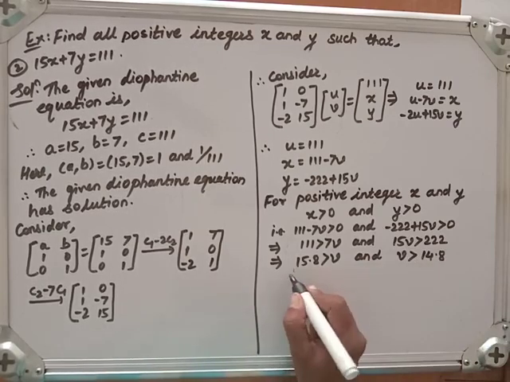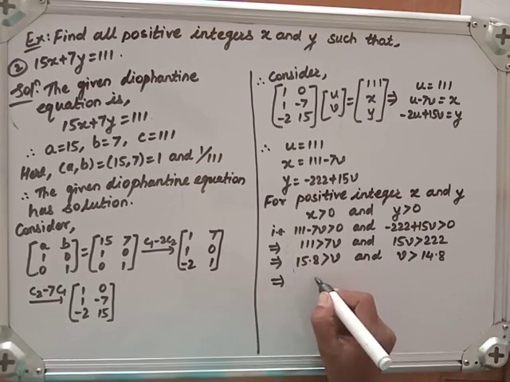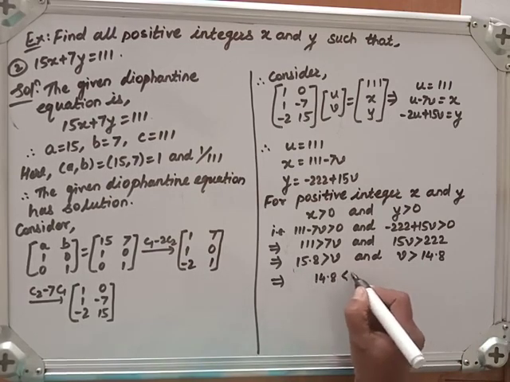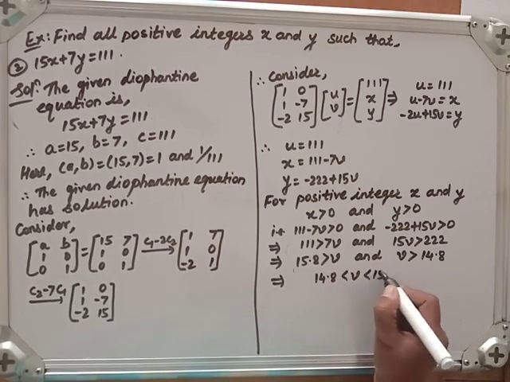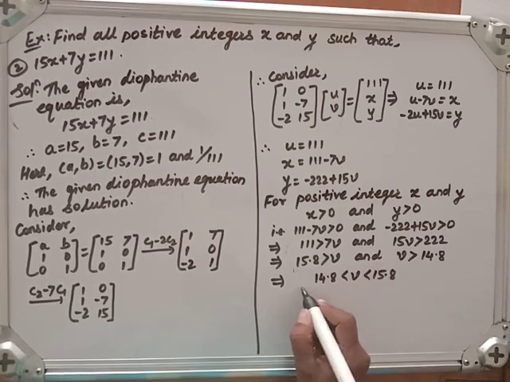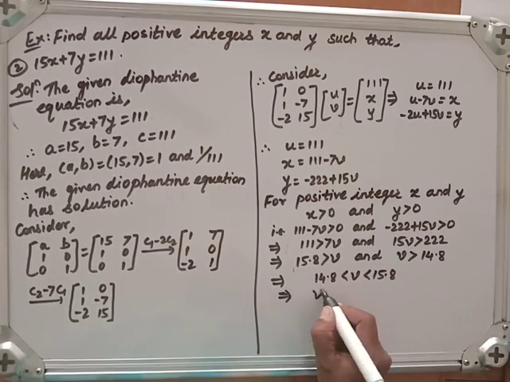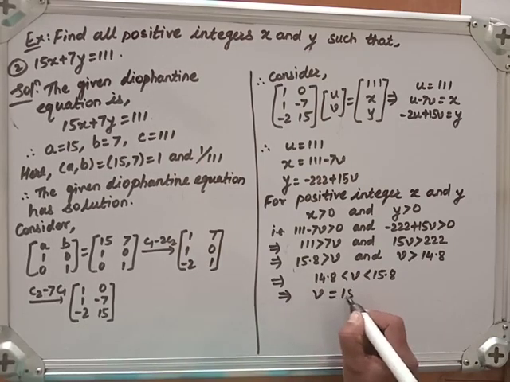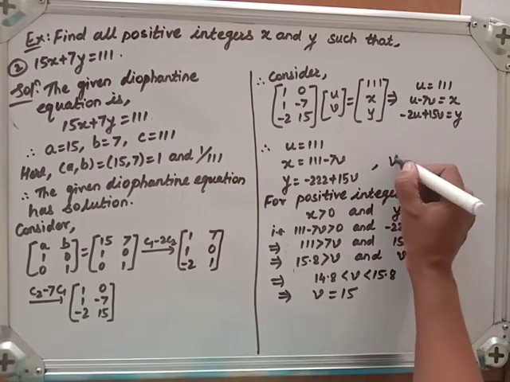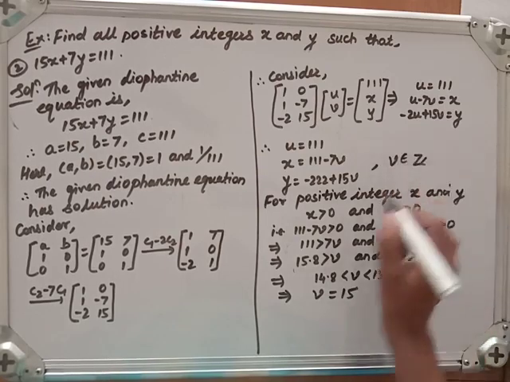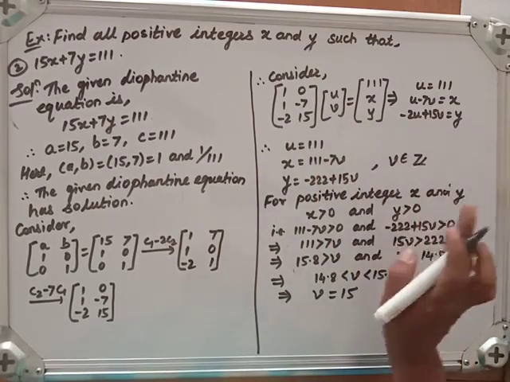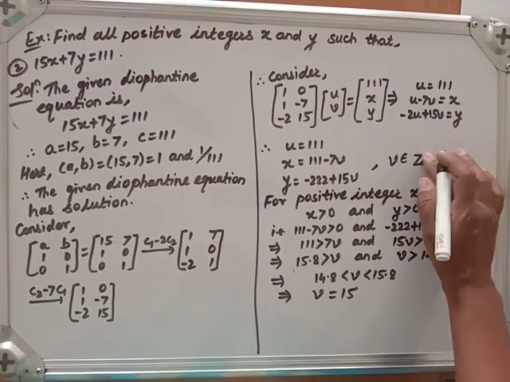Okay, so this gives us 14.8 is less than v is less than 15.8. So here the integer value of v is only what? 15. Here clearly v belongs to Z, v having a value of integer.